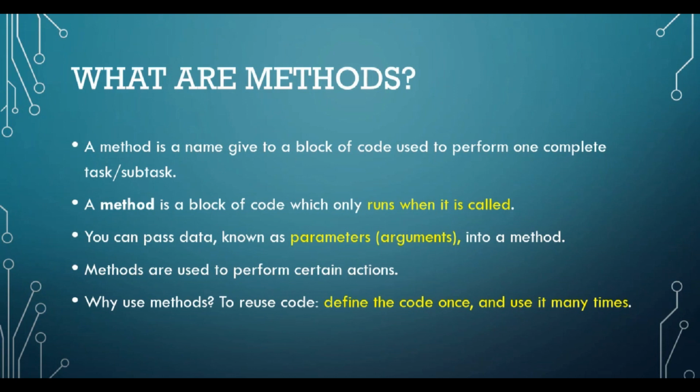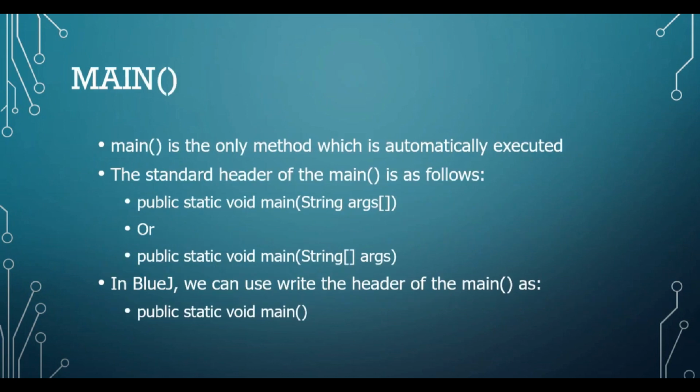I may need to find factorials a number of times in my program, but will I write the code everywhere? No, I will not. I will write the code only once, and then use it as many times as I want through the method.